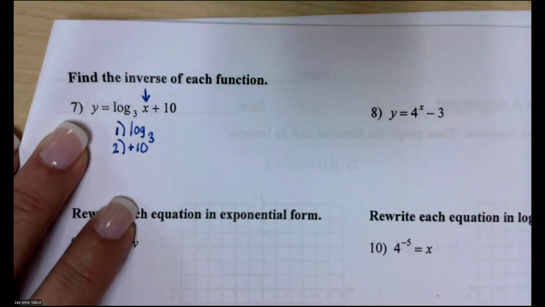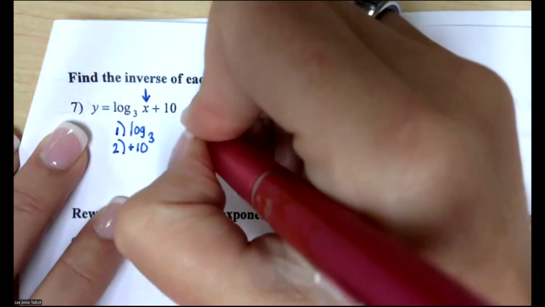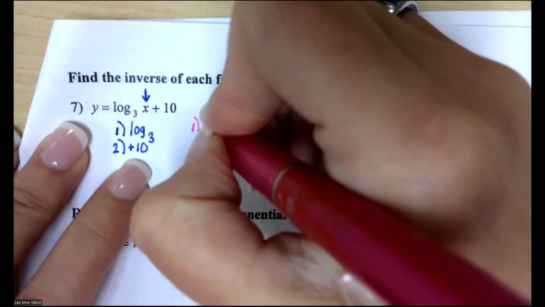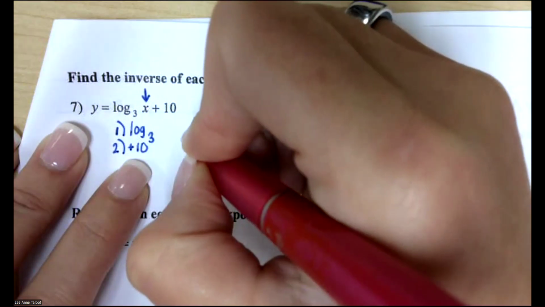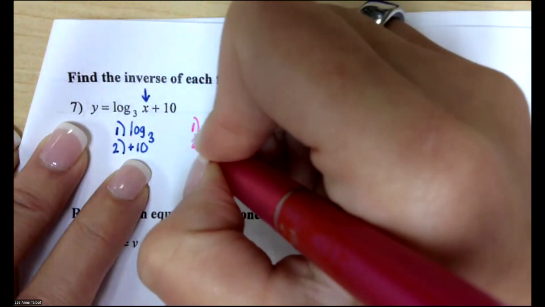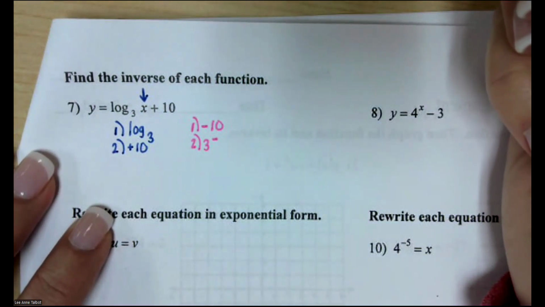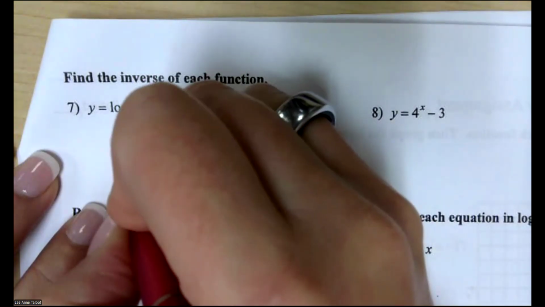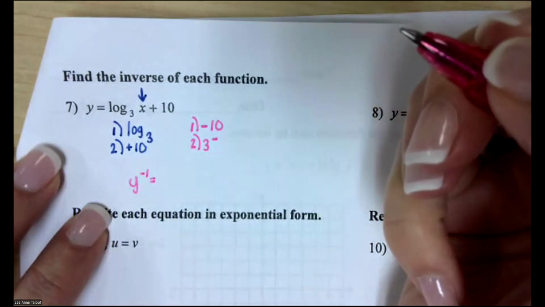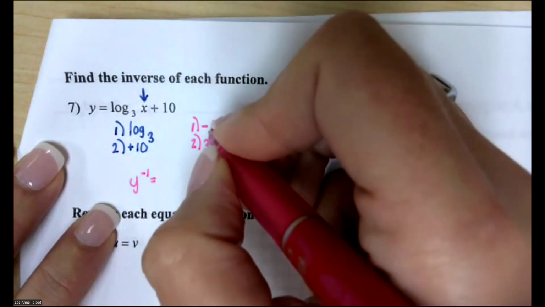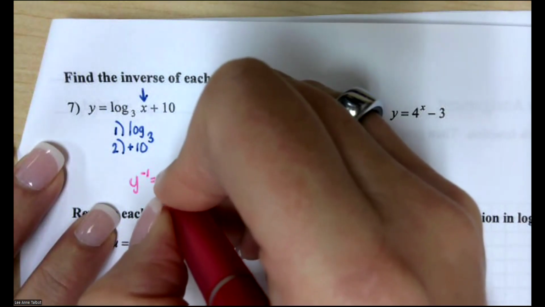Everybody good with that? Okay. Undo the add 10 first. And then undo the log base 3 is 3 to the power. Y inverse equals.